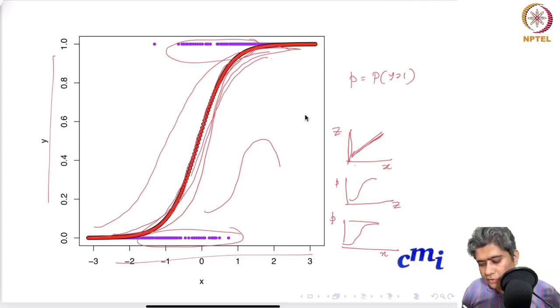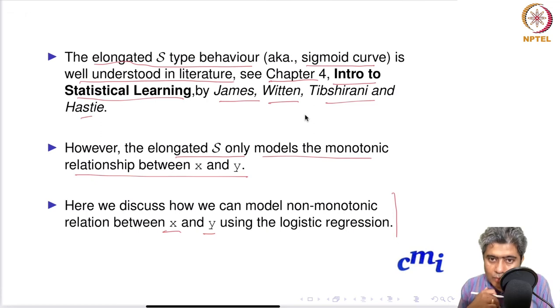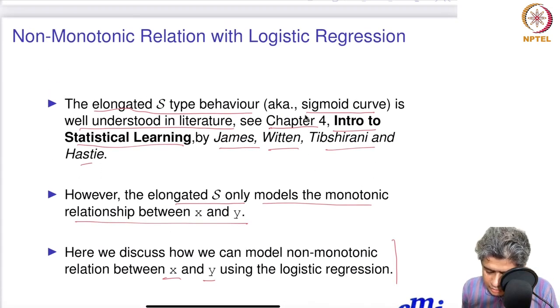It is a monotonic function. Now, the relationship between X and P does not necessarily have to be monotonic. In real data, it can be going up and then coming down.